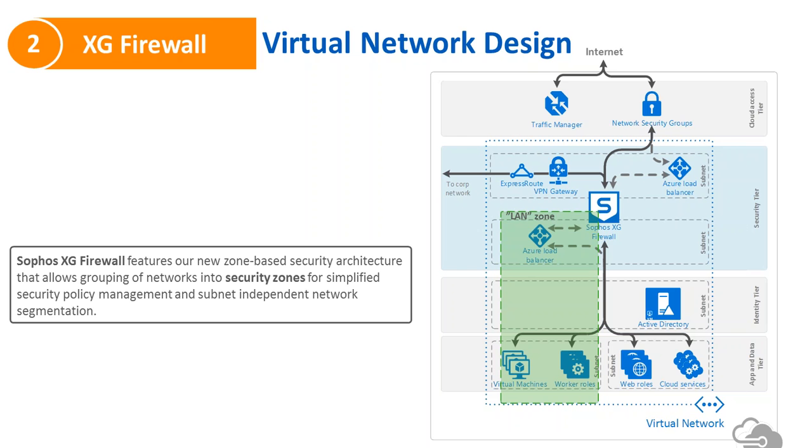And because Microsoft does not support the use of VLANs in a virtual network, because there is no layer 2 separation, this is a really nifty way of working around that limitation by using the XG firewall to build this particular isolation. So you'll be able to set up a LAN zone and then create your own DMZ zone, WAN zone, services or web zones to make sure that all of these particular components of your infrastructure do not talk to each other unless explicitly allowed by the XG firewall.